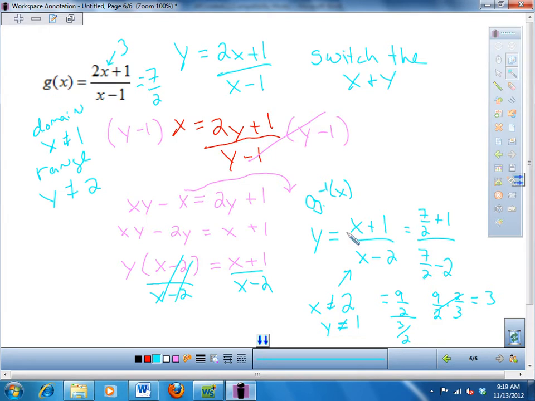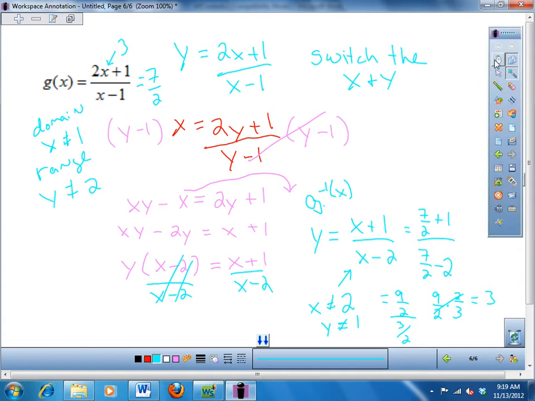Okay, so if I look over here, this would have a horizontal asymptote since these exponents are the same. Remember that? Then the horizontal asymptote is the ratio of the coefficients of the two leading terms. And so y equals 1 would make sense. But really the way you could do that is by looking at the domain of the original function.